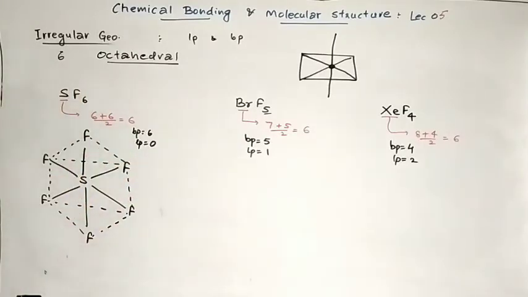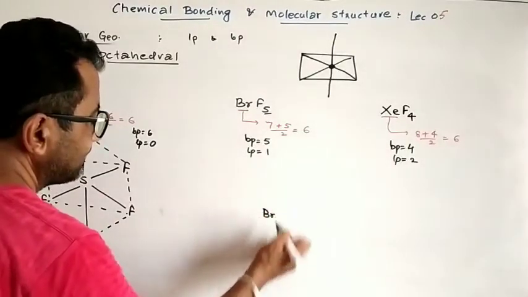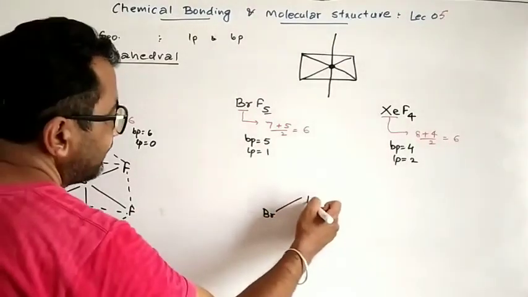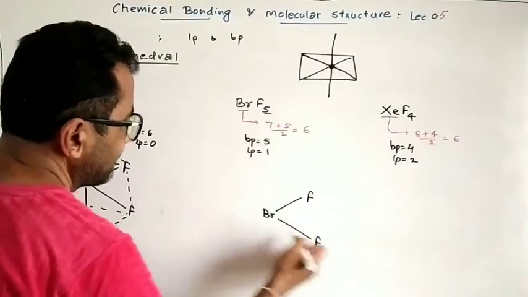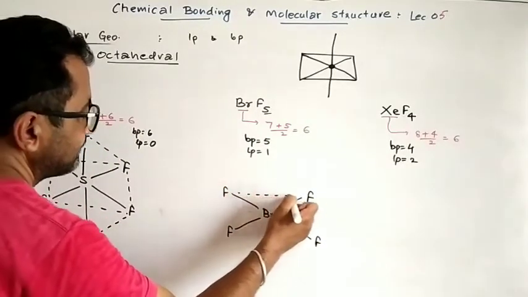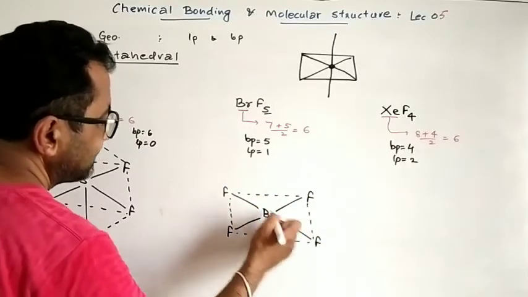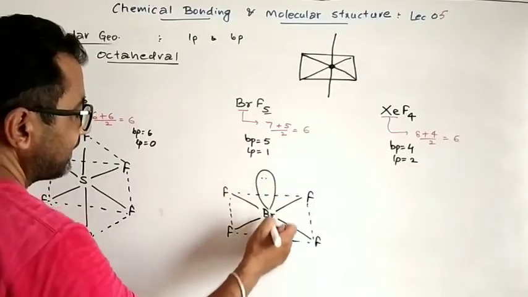Simple. Okay. Like in this case, Br is at the center. 4 fluorines, they are at the corners of the rectangle. So put the lone pair here.